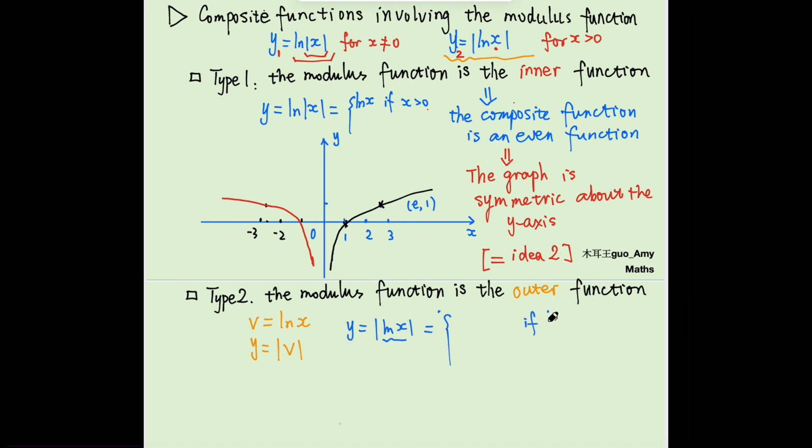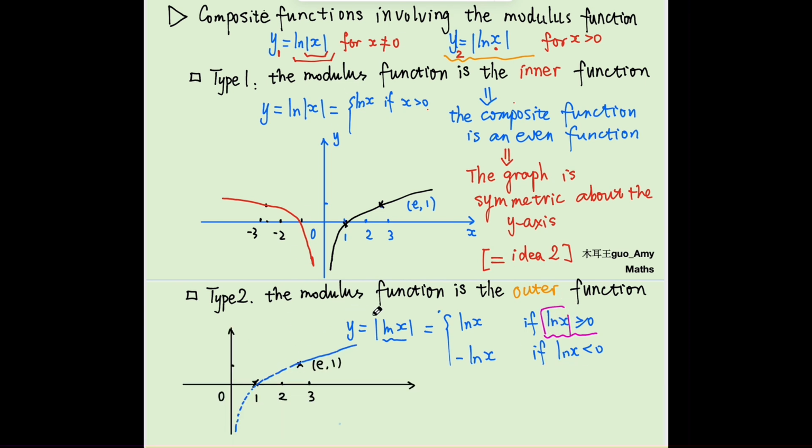If the inner function ln x is greater than or equal to 0, then we can get rid of the absolute sign directly. If the inner function is less than 0, then we will have negative sign in front when we get rid of the absolute sign. Therefore, these two pieces are distinguished by the sign of the inner function ln x.